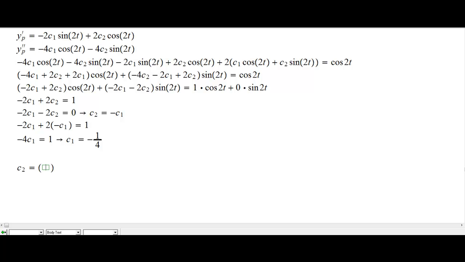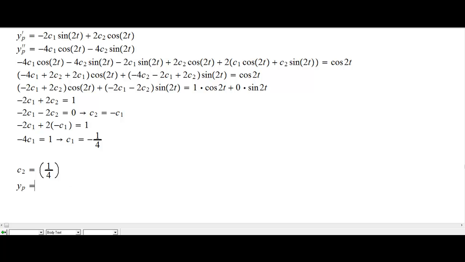So this is a particular solution. Who is a particular solution? Y sub p, I'm just stressing it for the particular solution.